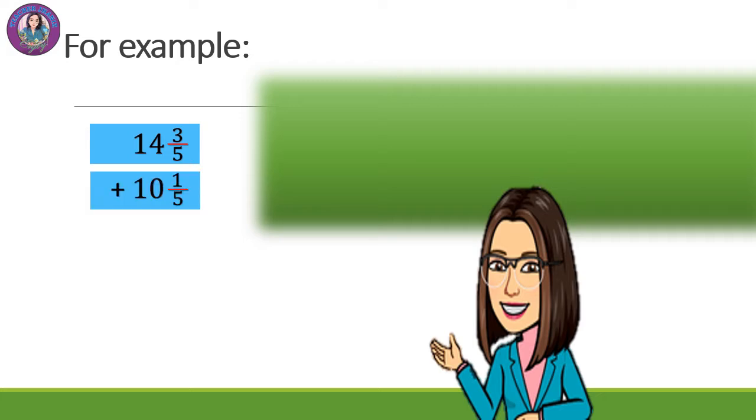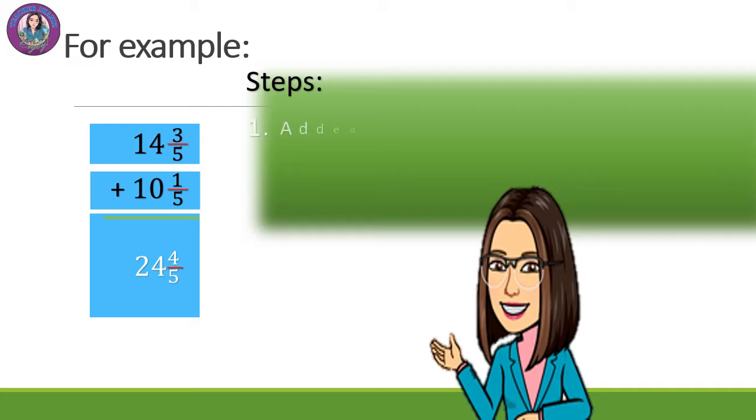For example, 14 and 3/5 plus 10 and 1/5. That is equal to 24 and 4/5. How did we get the answer? By following these steps. Step 1: we add the fractions 3/5 and 1/5. That is equal to 4/5.